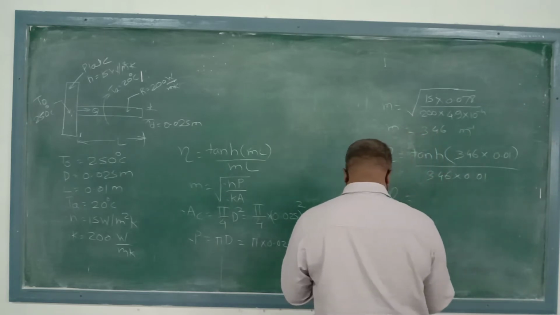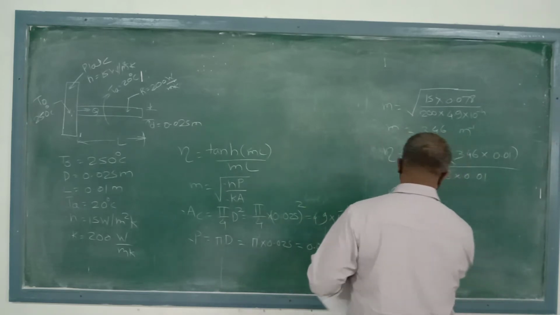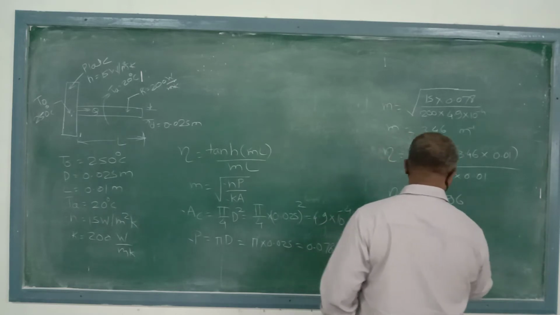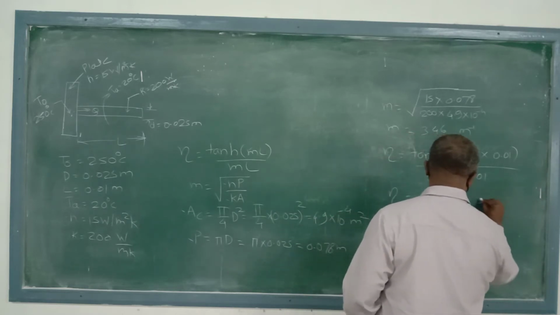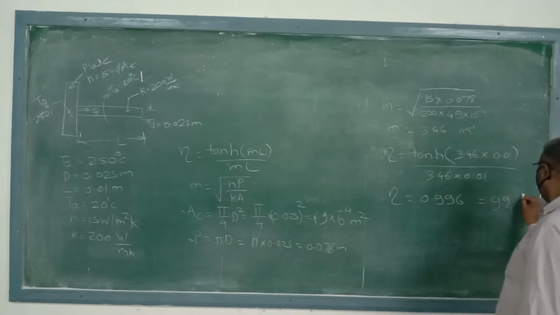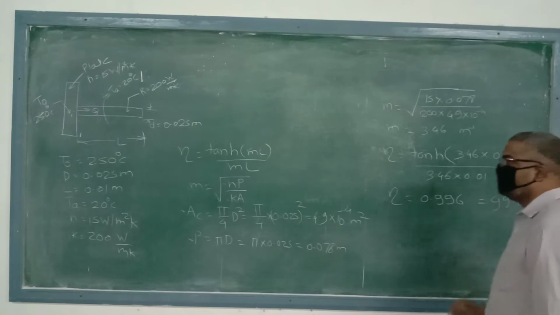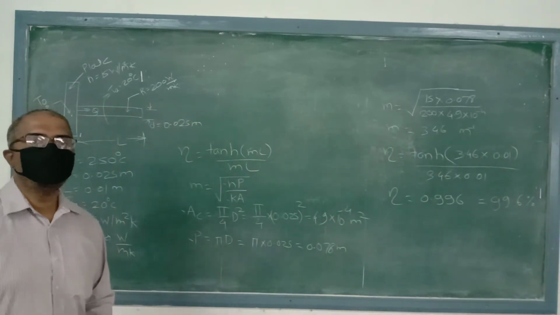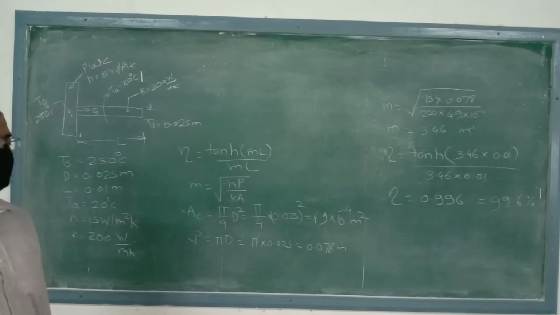So efficiency we get 0.996, which is equal to 99.6%. So in this way we have calculated the efficiency of a fin.